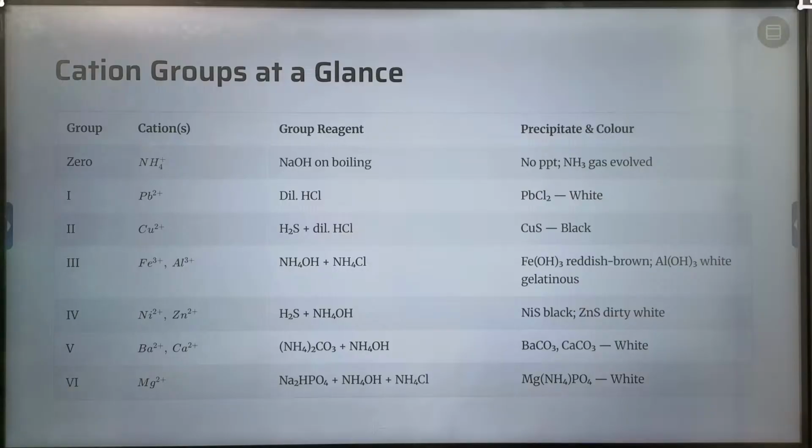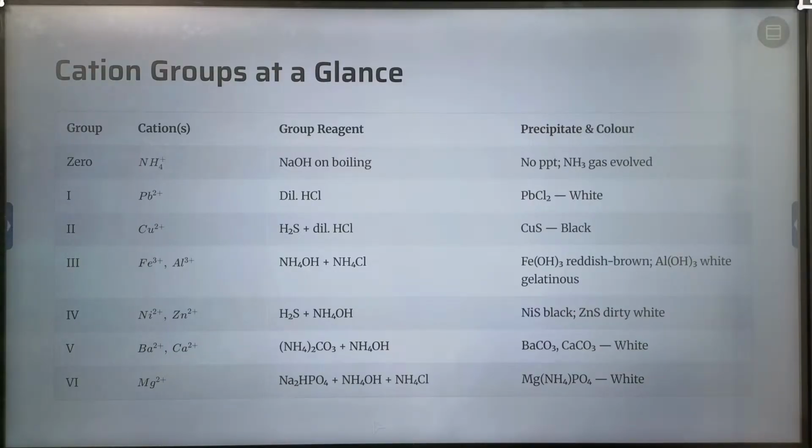You take that solution and add ammonium hydroxide. Initially you add acid, HCl. Now you have to neutralize that with ammonium hydroxide and add the reagent ammonium chloride. If you have the third group, from your syllabus it may be either iron or aluminum.